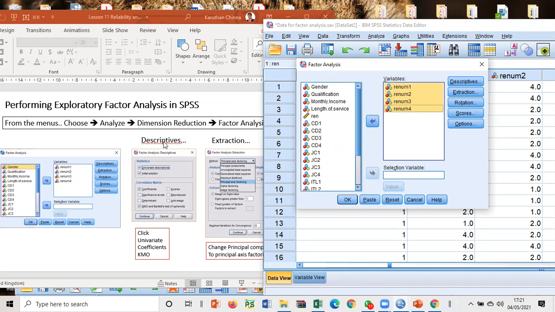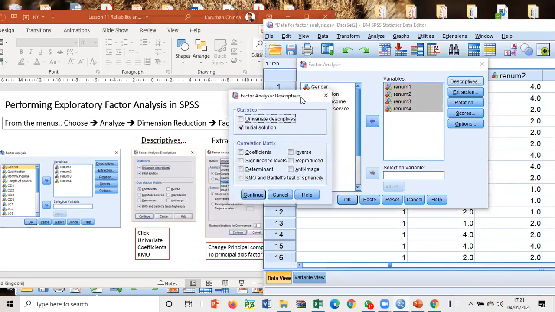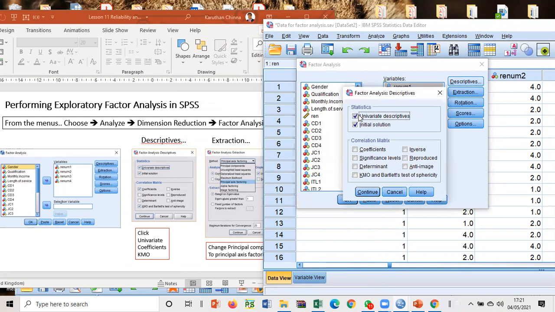And then click on descriptives. Ask for univariate, it will give the standard deviation. Ask for coefficients, it will give the correlations. And ask for KMO. Whatever is clicked here. Continue.